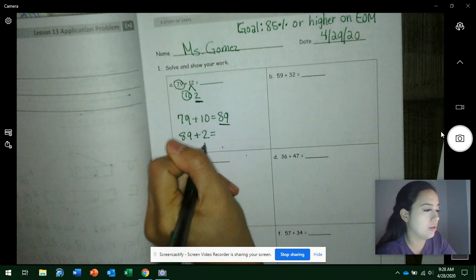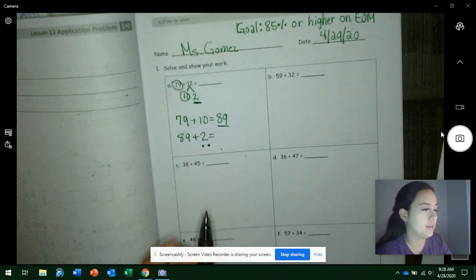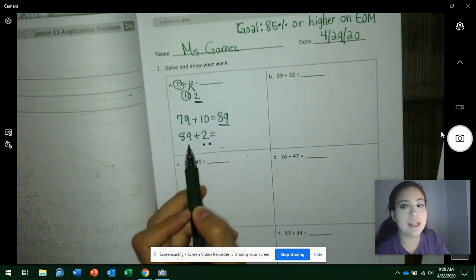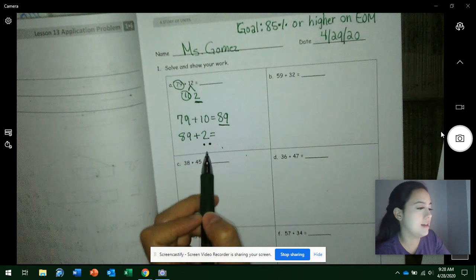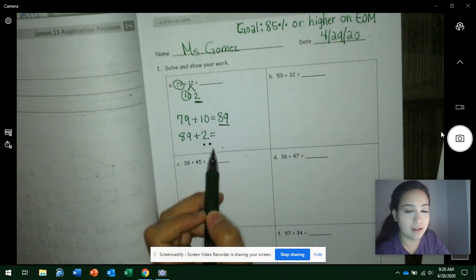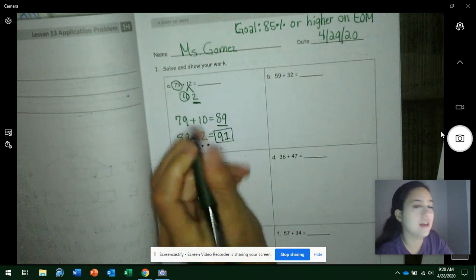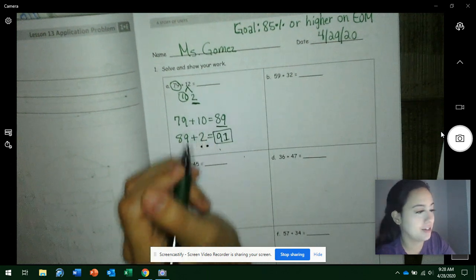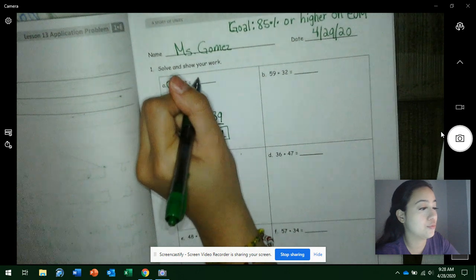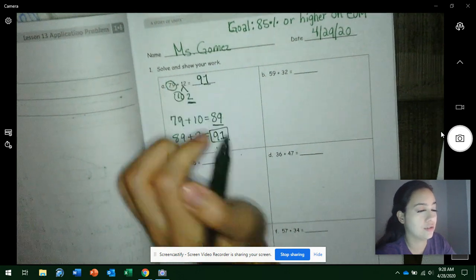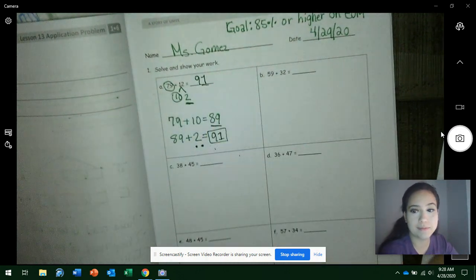Well, let's count on. You can put 2 dots at the bottom and get 89 going. 89, 90, 91. So what is our answer, boys and girls? Get ready. 91. Very good. So make sure you box it and you write it on the line. Don't forget to write it on the line.